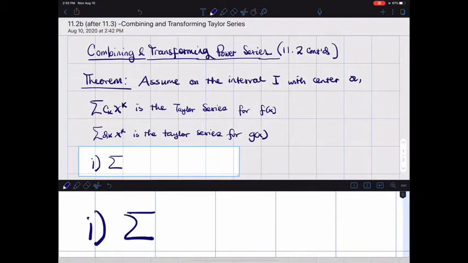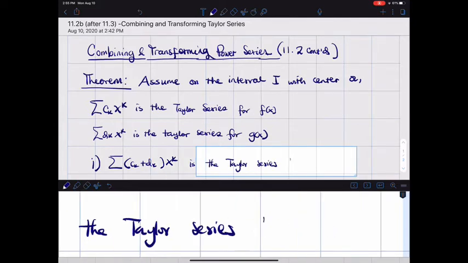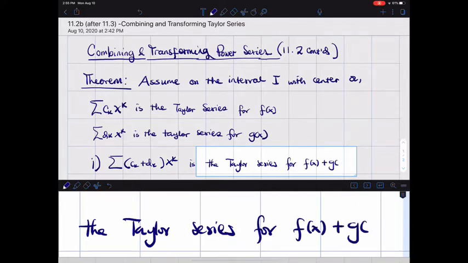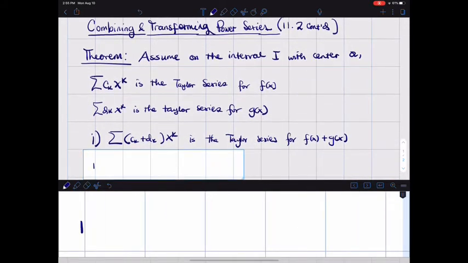The sum of (c_k + d_k) x^k is a Taylor series for f(x) + g(x). All the convergence properties that come with c_k and d_k apply.